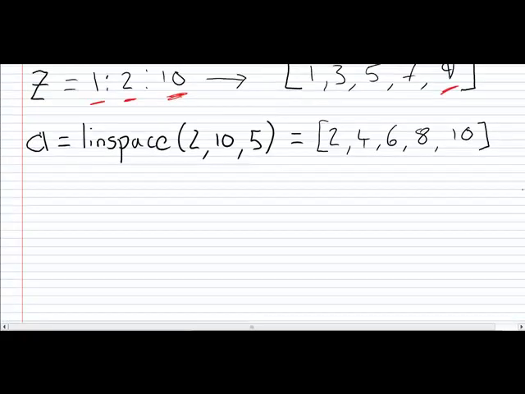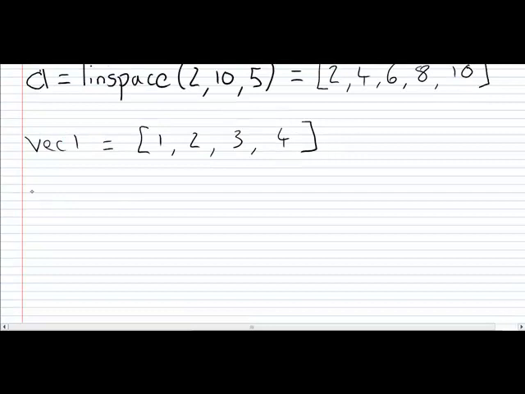Quite often it will be useful if you have a column vector to convert it into a row vector, or vice versa. So if we had, for example, vector 1 as the row vector 1, 2, 3, 4, and I was to use the transpose function to get the vector, we'll call it vec2. There are two ways of typing this into MATLAB.